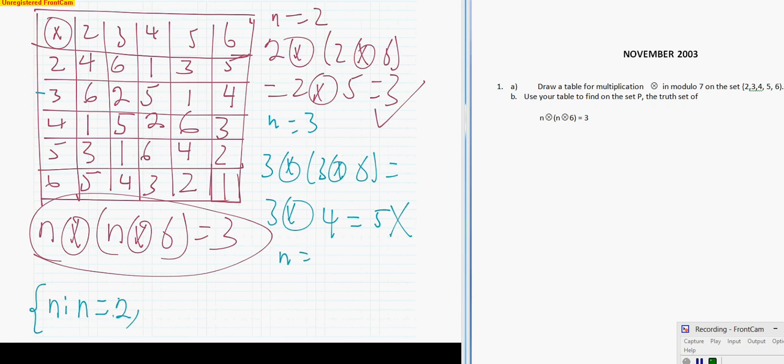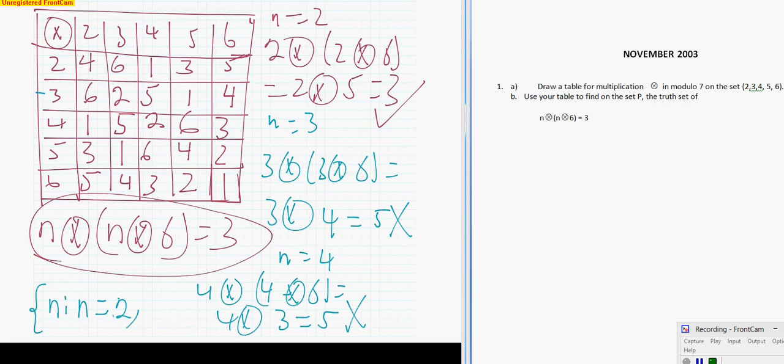So let's do n is equal to 4. When n is equal to 4, I have 4 ⊗ (4 ⊕ 6). 4 ⊕ 6 will give me 3, and so 4 ⊗ 3 is equal to 5. So that also doesn't satisfy the equation.